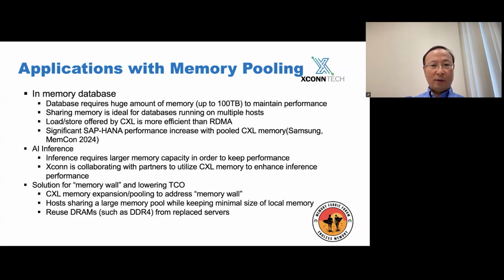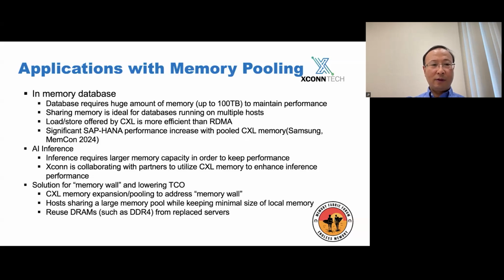Also, the solution before CXL memory pooling was an RDMA-based solution. As we know, RDMA is a very complicated protocol, and its performance is not very good in terms of latency. In contrast, CXL is a very simple protocol.